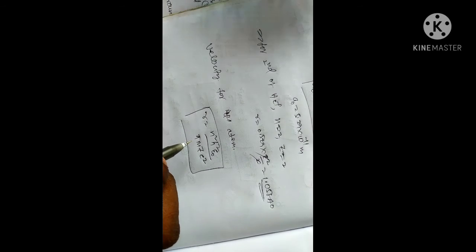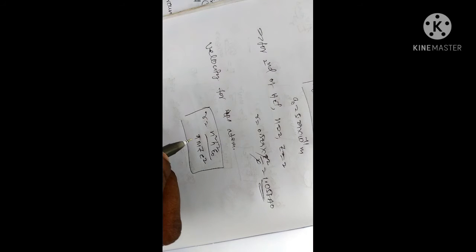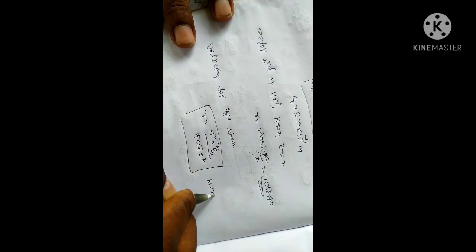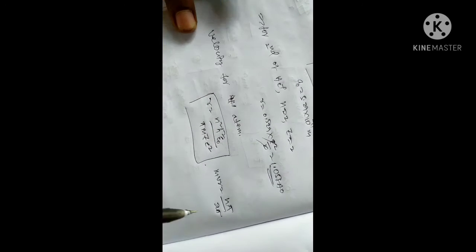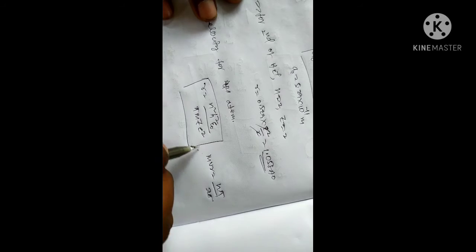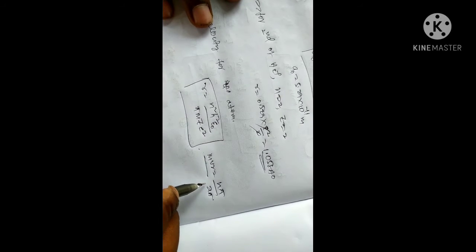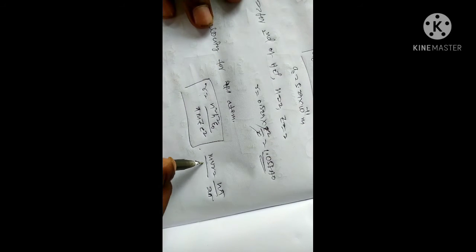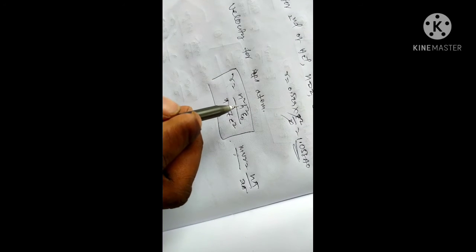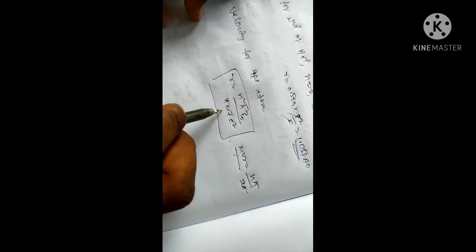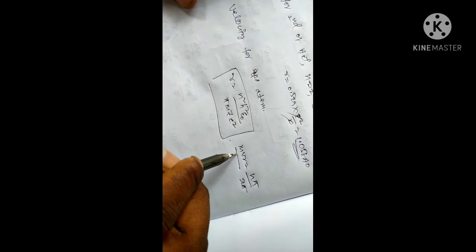And equation number 3: mvr is equal to nh by 2 pi. This r value, the radius of the orbit, we substitute in equation number 3.